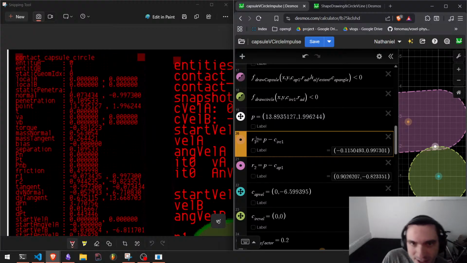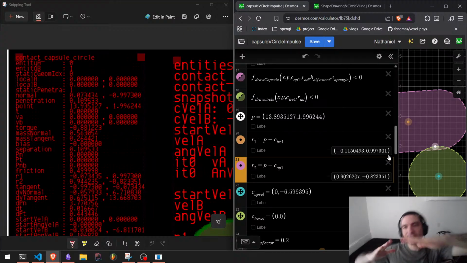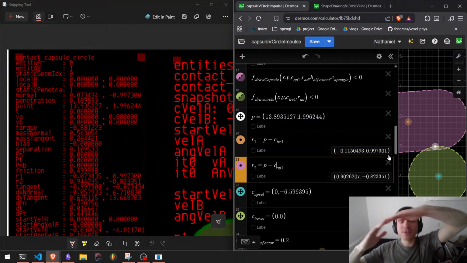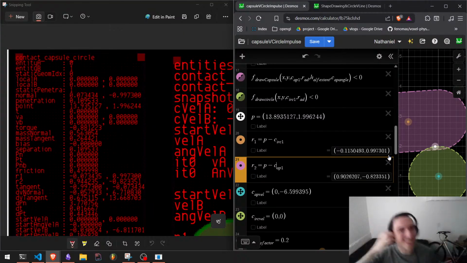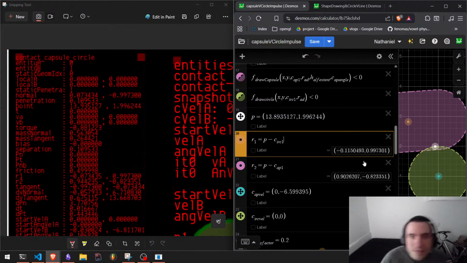And so these are the lever arms, R1 and R2. Those are the vectors from the contact point to the center of the shape. And the R1 in this case is, let's just make sure they match up with what we're reading out in the solver. R1 is negative 0.073. That is not what we have here.